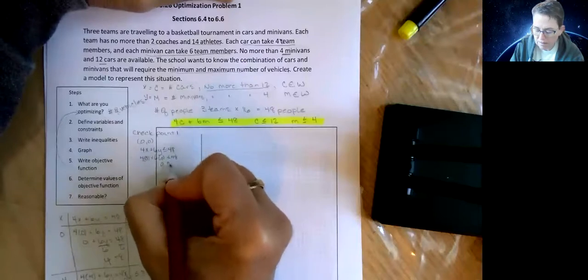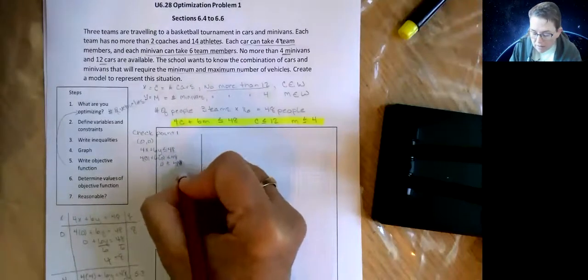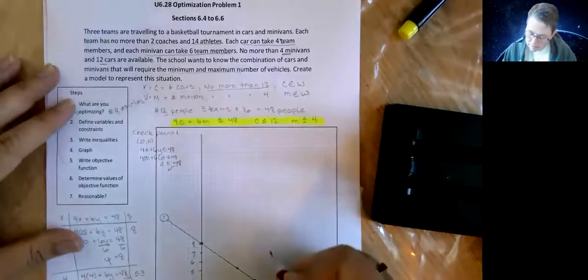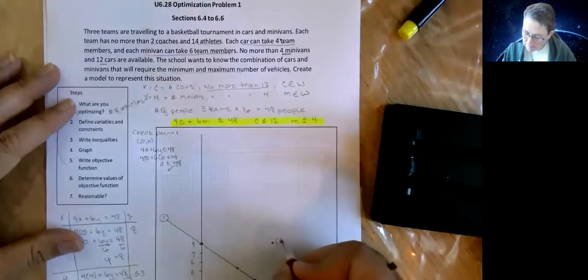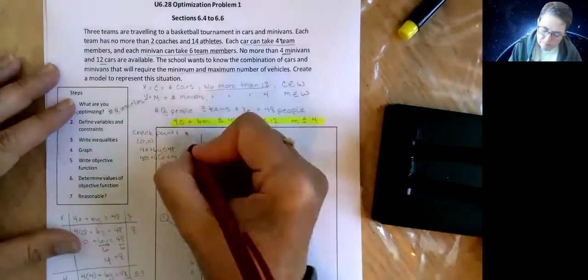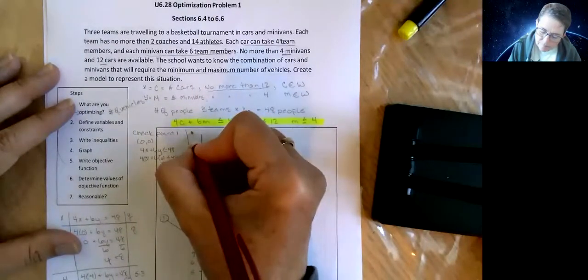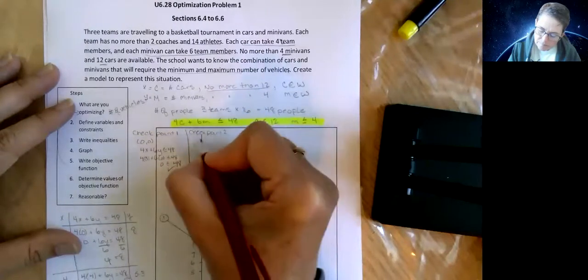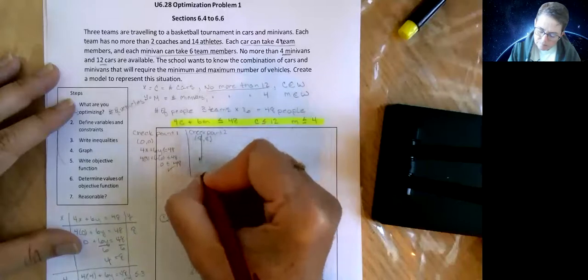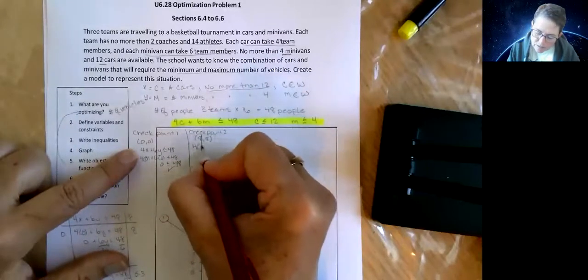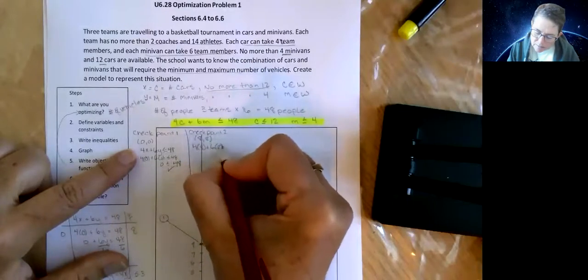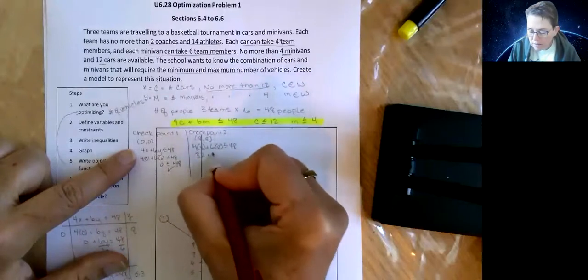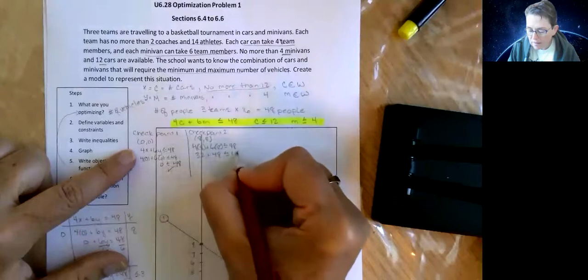So 0 is less than or equal to 48. So this side is good. And let's go 8 and 8. 4 times 8 plus 6 times 8 is less than or equal to 48. I already know it's not. It's 32 plus 48. But I want to do the question anyway.